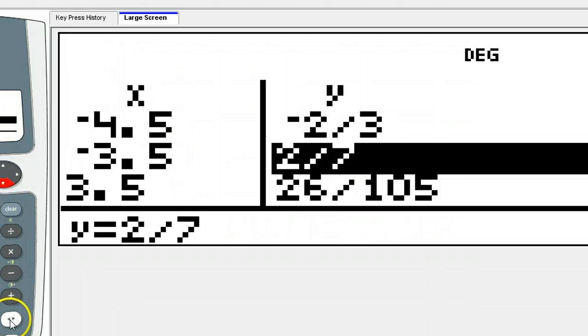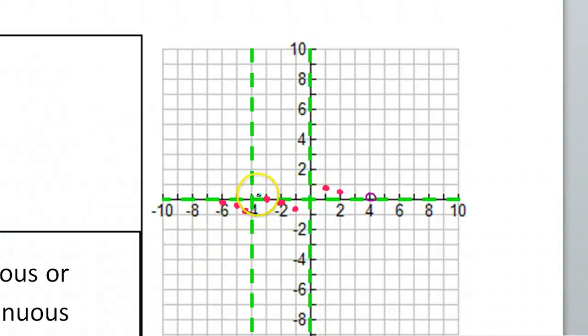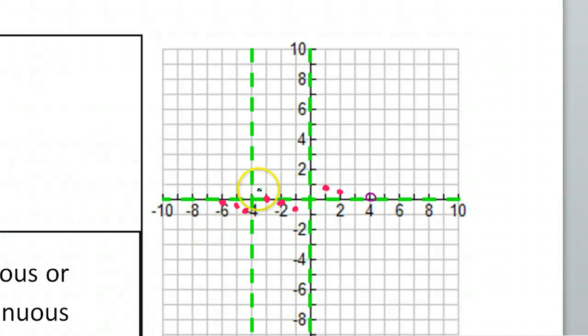That's 2/7. Okay, so that's pretty close to the line. It's like almost a third of the way up. So it's just going to be a little bit above the line, like right here.